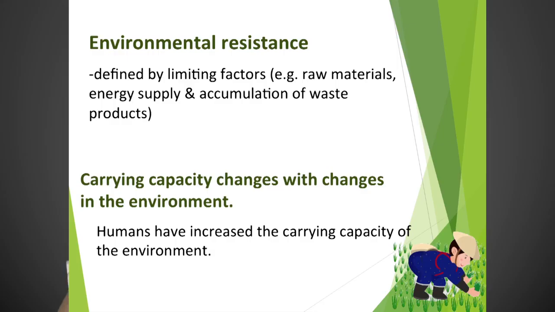Now let's deal with environmental resistance. These are limiting factors. When we say limiting factors, it could be in the form of raw materials, energy supply, accumulation of waste products, and this is also influenced by the carrying capacity of the environment. Humans, for example, have increased the carrying capacity of the environment by pursuing different technologies like agriculture, fisheries.